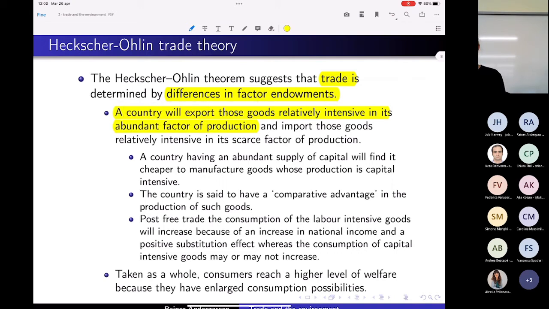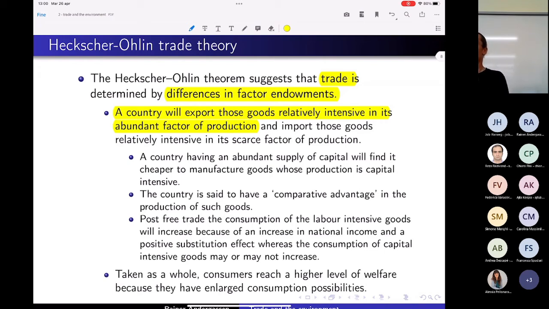The basic model is 2 countries, 2 goods, 2 factors of production. So you have 2 countries, country A and B, 2 goods, X and Y, 2 factors of production, K and L, capital and labor.